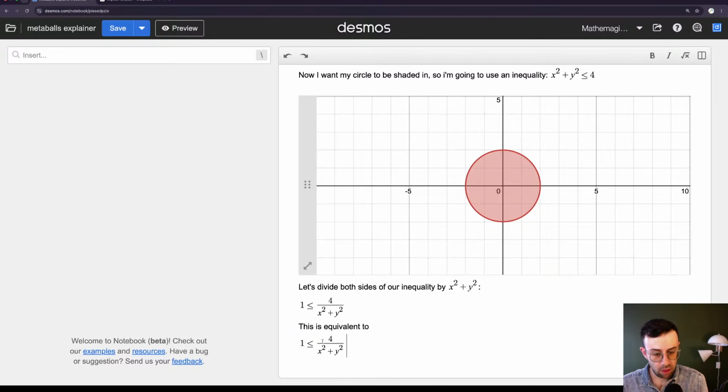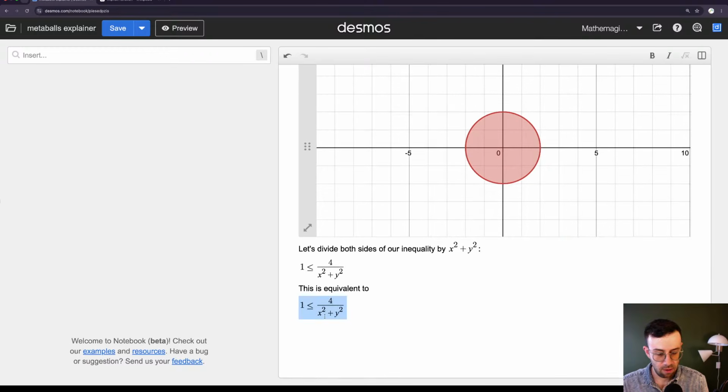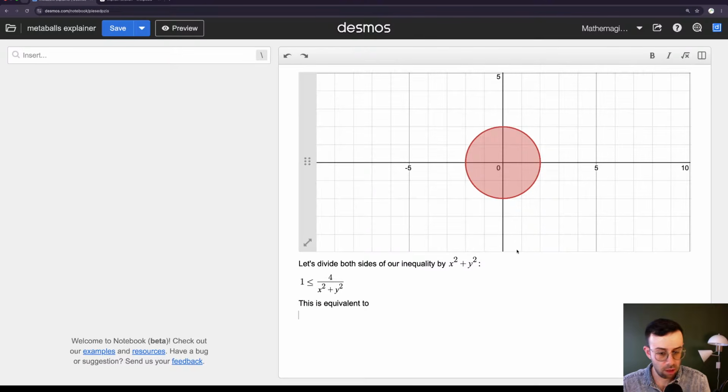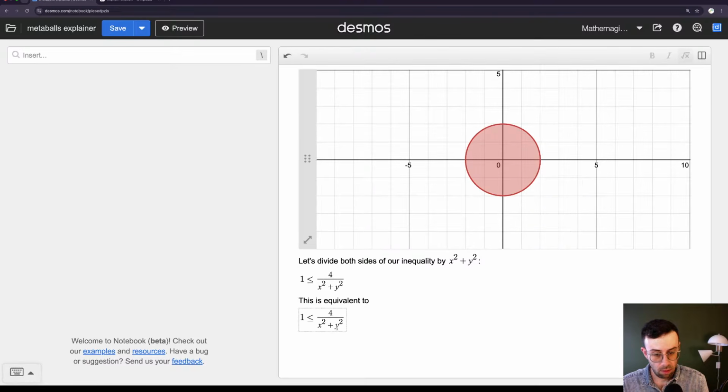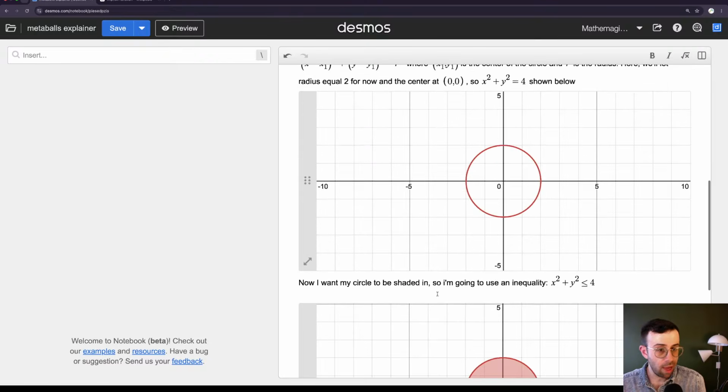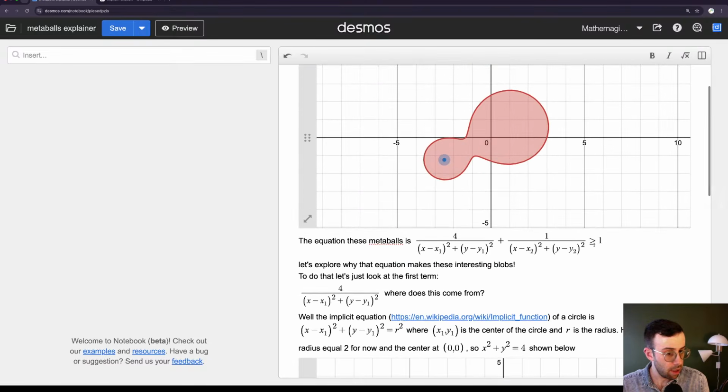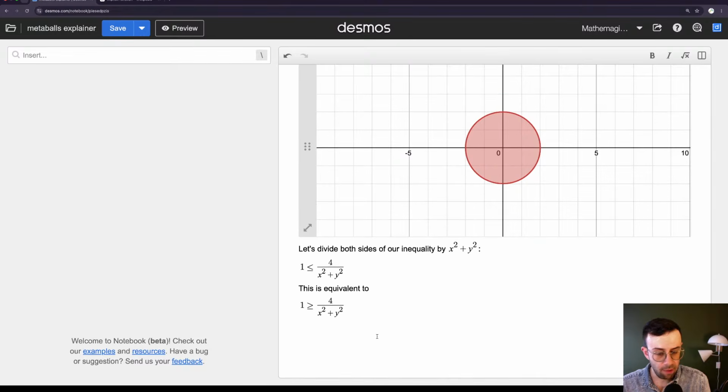Why can I not adjust this? That's weird. Maybe it's pasting as an image or something. Who knows? So that's equivalent to greater than or equal to. That is why we have this greater than or equal to sign up here instead of a less than or equal to sign. That's where that comes from. So, okay, then we have 1 is greater than or equal to x squared plus y squared.